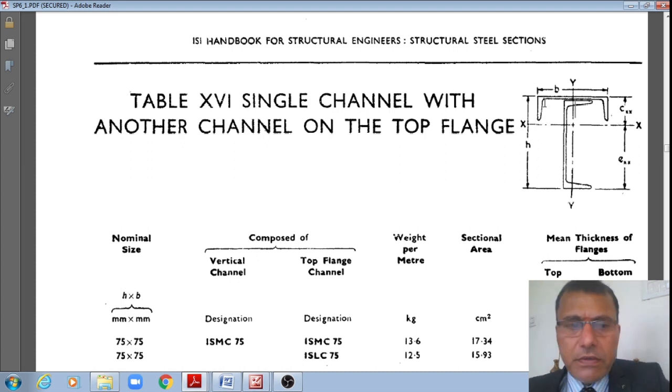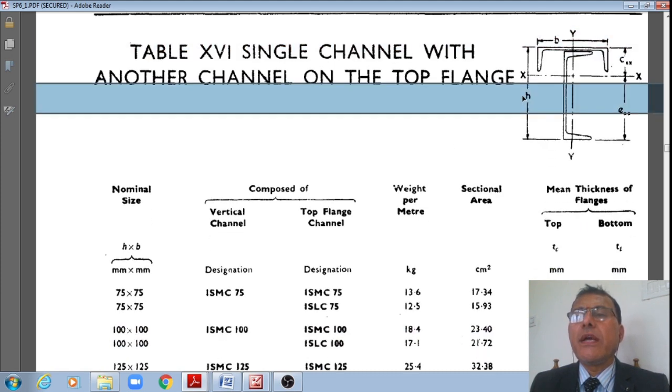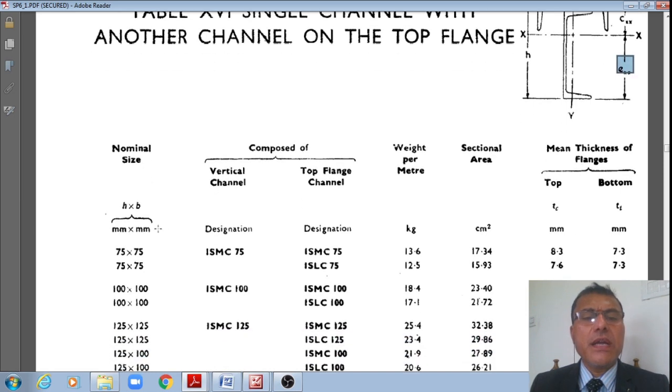Then what geometrical or structural properties are given? Like what is that width B, what is that depth H, where is the CG axis or centroidal axis CXX, and what is that EXX, etc., are given here, right?